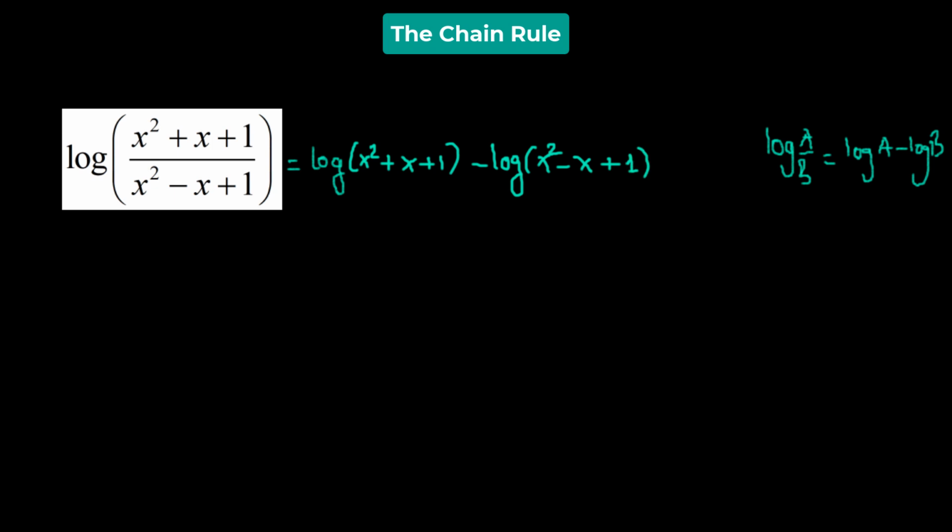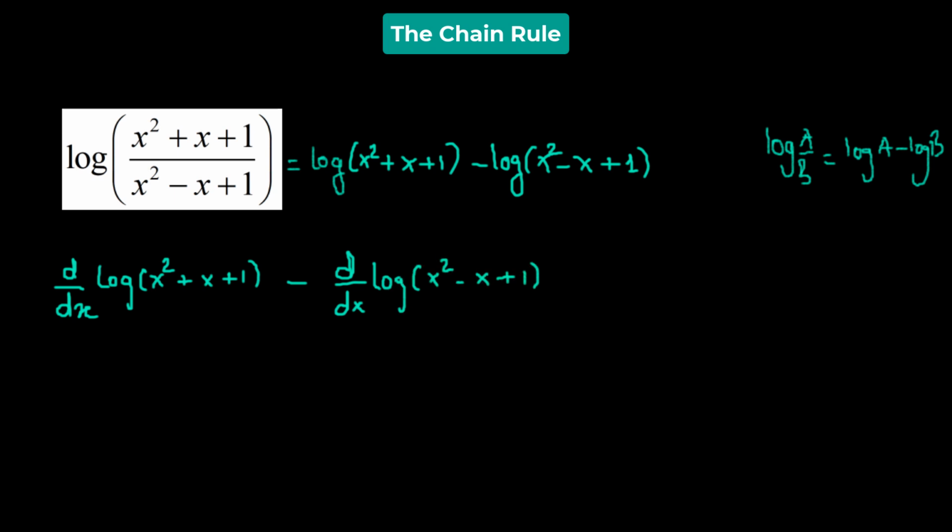Now we're going to apply the derivative here. So we have derivative of log of x squared plus x plus 1 minus derivative of log of x squared minus x plus 1.